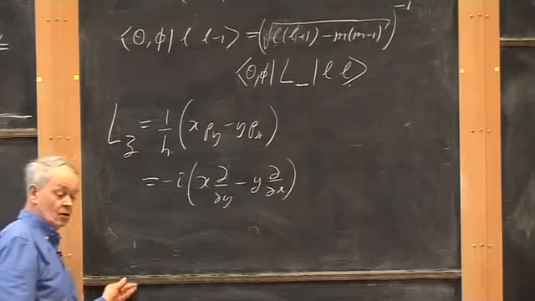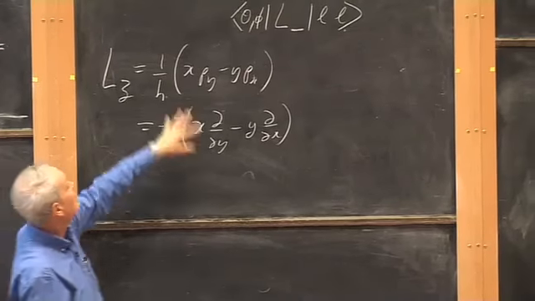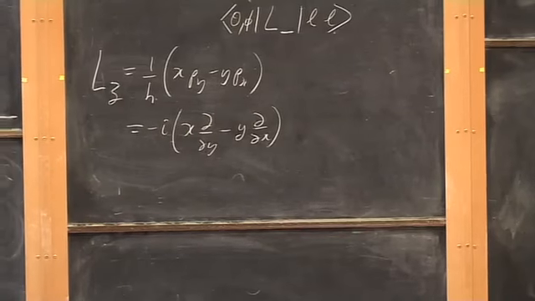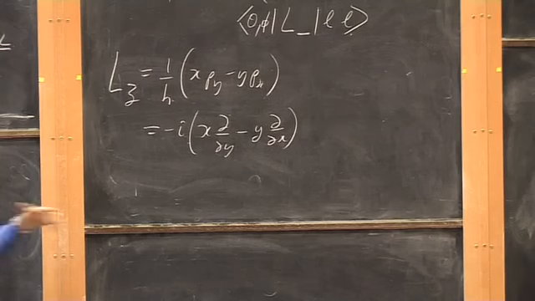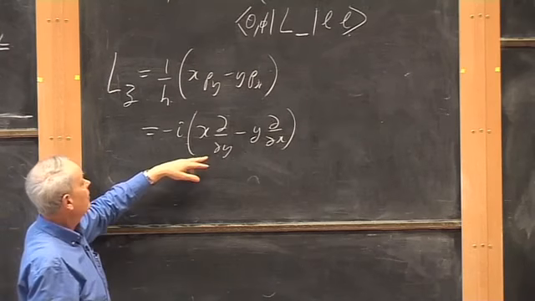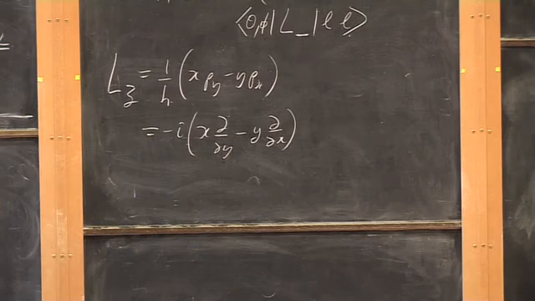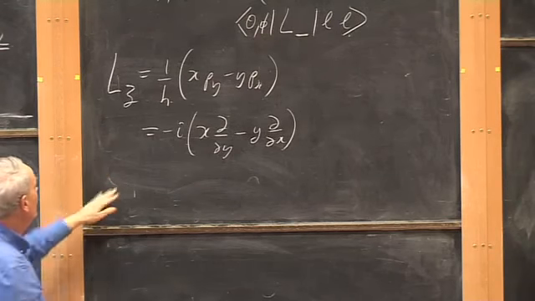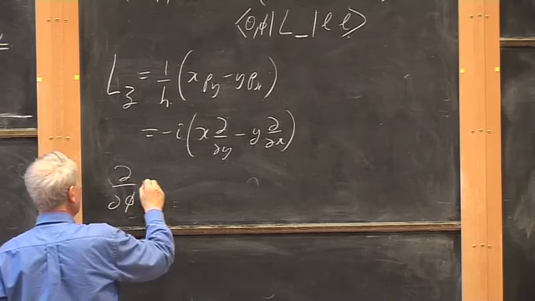Now, we would like to express everything in terms of theta and phi, because we know angular momentum has to do with rotations. That's why we want to use theta and phi, spherical polar coordinates. We could just use the chain rule to turn this into derivatives in theta or phi, but it's much easier to find out what d by d phi is according to the chain rule.